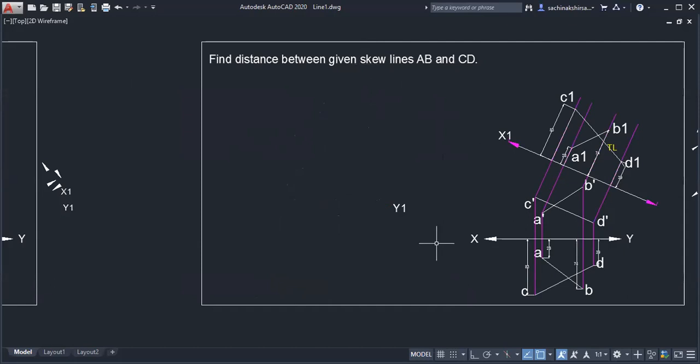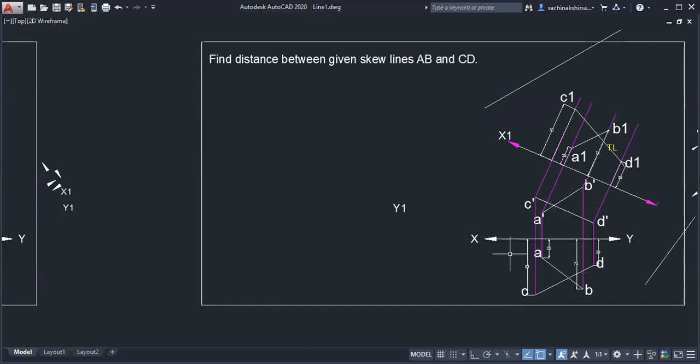Towards D, sir, I have space. Whatever your answer, it will not be wrong. You can draw perpendicular to C1 D1 towards this side or towards this side. Both are possible and both are correct.